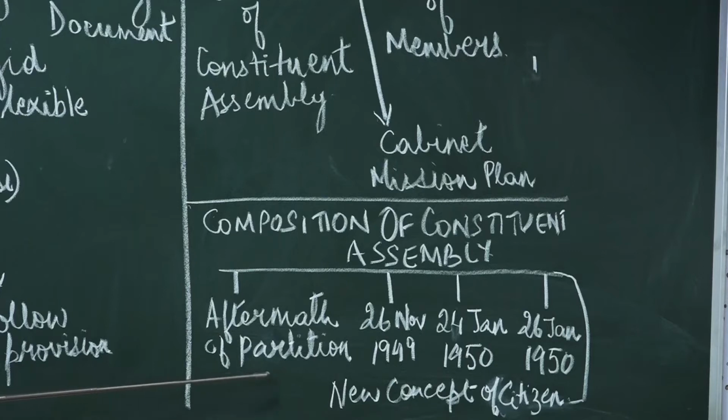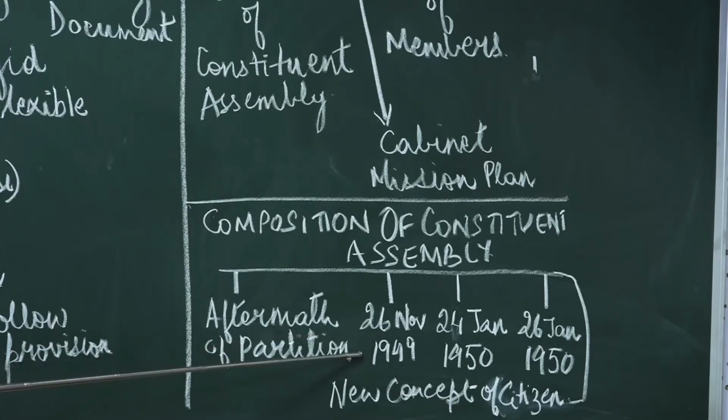More so, the country was divided, and so many parts, many princely states, many states which were previously a part of India had to be cut off and given off to Pakistan. Because of which the members of the Constituent Assembly were changed. The ones who were members of the Constituent Assembly had to be sent to Pakistan, because of which the number of members in Indian Constituent Assembly decreased, and it was reduced to 299.